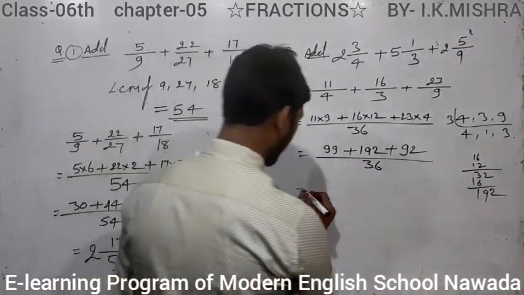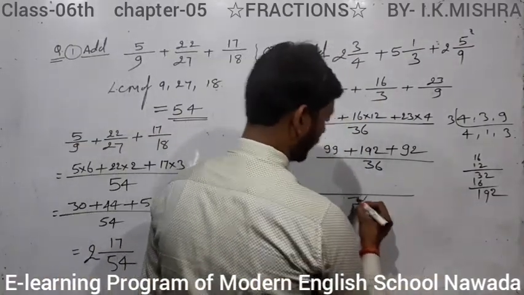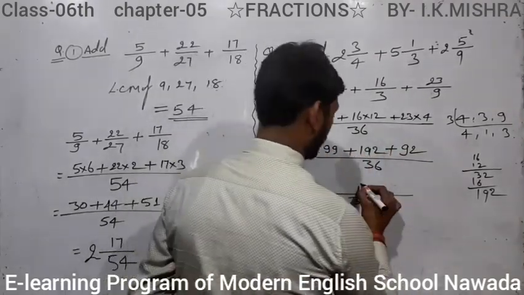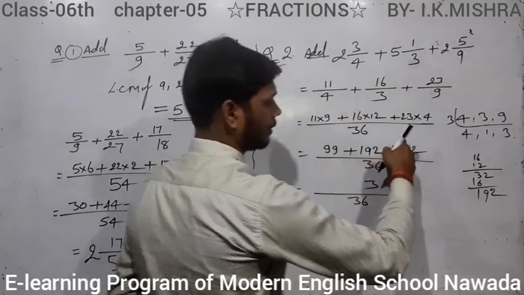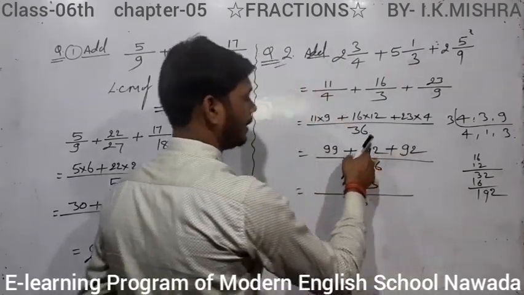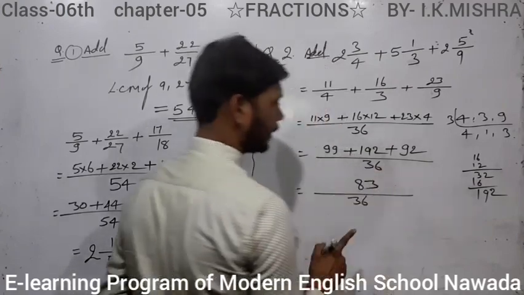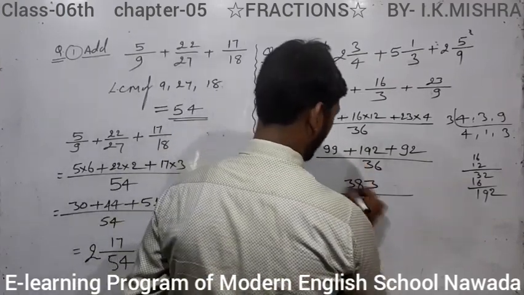After that students, add here 36 and 2 to the 4 4 4 9 13, carry 1 10 10 9 19 and 19 9 28 8, carry 2 1 3.